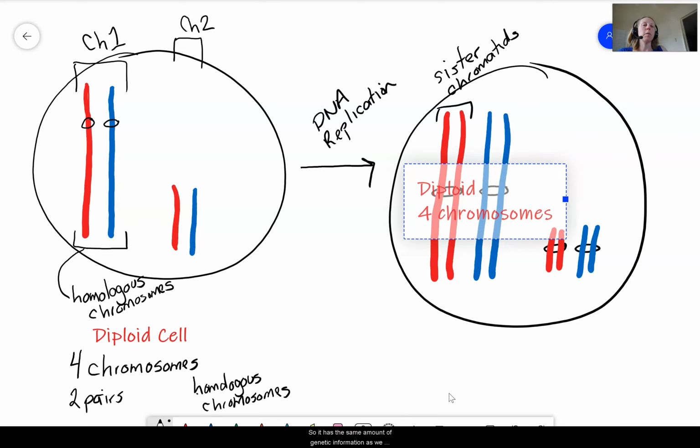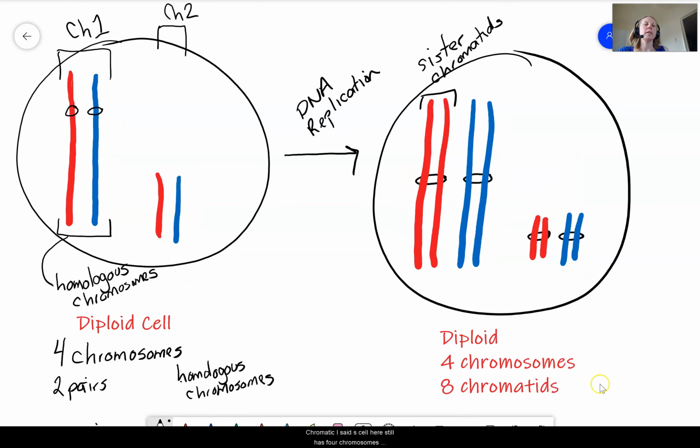So it has the same amount of genetic information as we saw in the other cell. It just happens to have 2 copies of it. So now we're going to call these 2 copies chromatids. So it has 4 chromosomes and 8 chromatids. This cell here still has 4 chromosomes. They've now been duplicated, so now we have 8 chromatids, whereas before we just had 4.